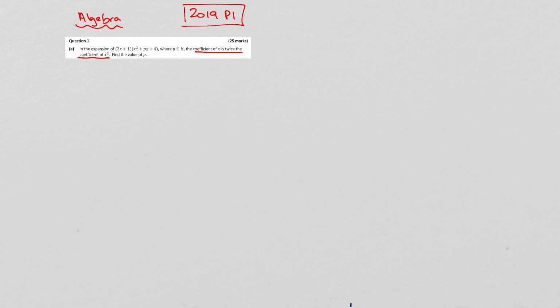So what we want to do first of all is take the expansion, 2x plus 1, and we're going to multiply out our brackets so that we can then use the relationship that we've underlined here. So if we multiply out our brackets, we have 2x by x squared is 2x cubed, 2x by px is 2px squared, 2x by 4 is 8x, and then we have 1 times everything else, so that's x squared plus px plus 4.